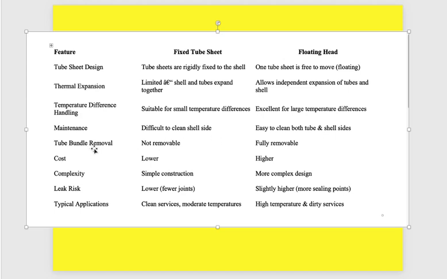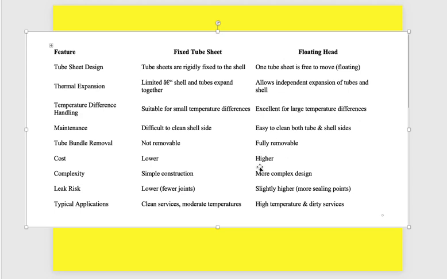The tube bundle is not removable, but in the floating head it is fully removable, and this makes it easy to clean. For sure we are better on the side of the floating head. It's a little bit expensive when you compare the capital cost of this exchanger to the fixed tube sheet. Here the floating head will be a little bit higher.